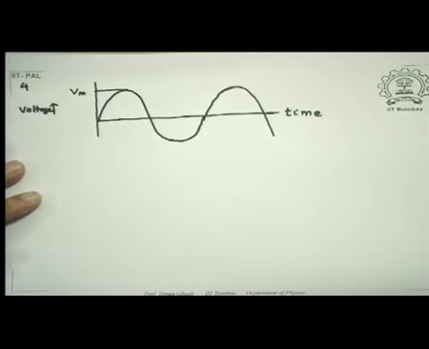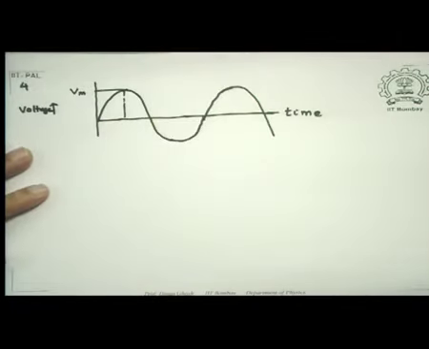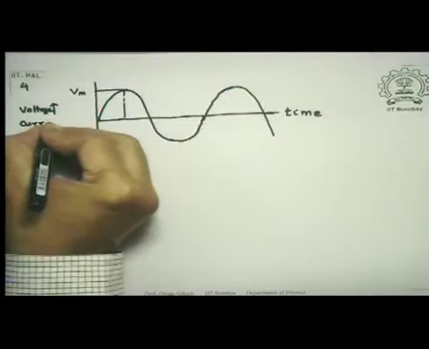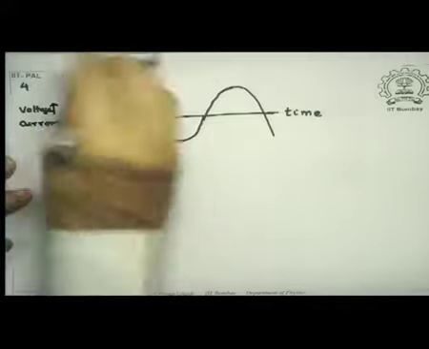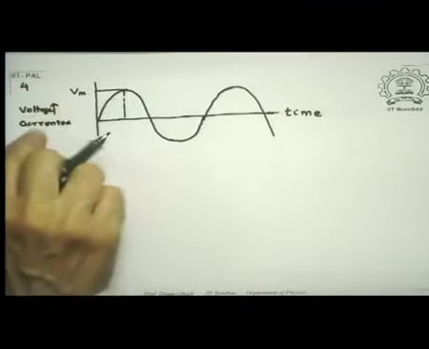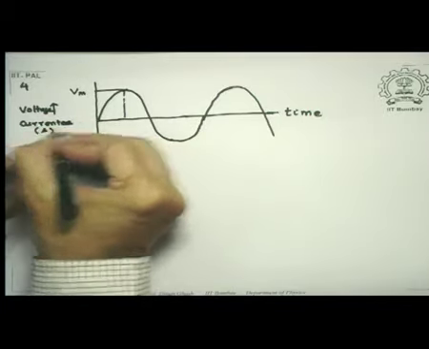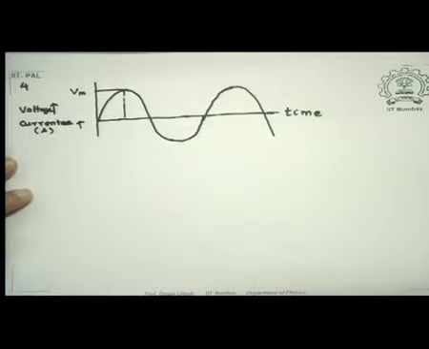Supposing in the same diagram I also plotted the current, but with the scale being different. Voltage is in volts, and the current will be in amperes. Depending upon the value of R, I'll get a different value of I maximum.